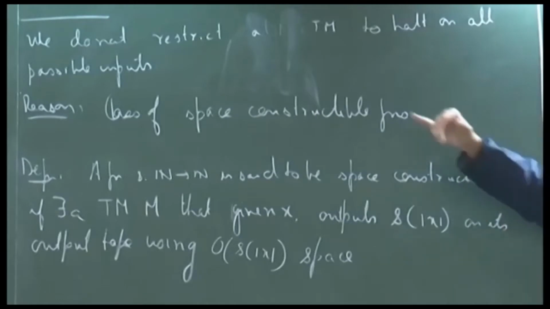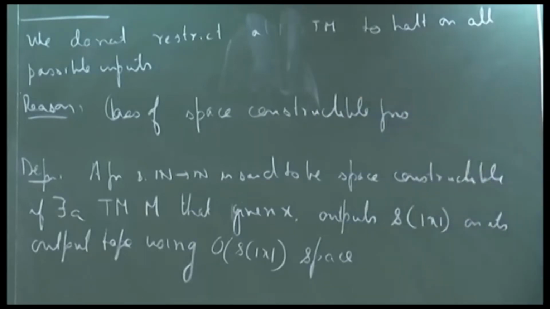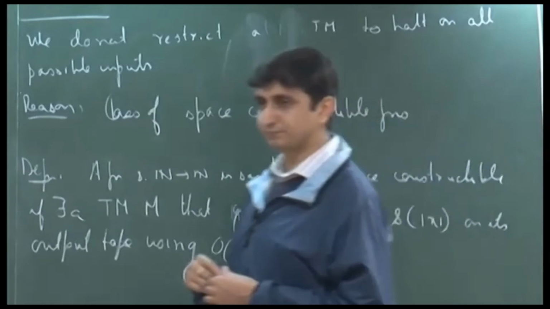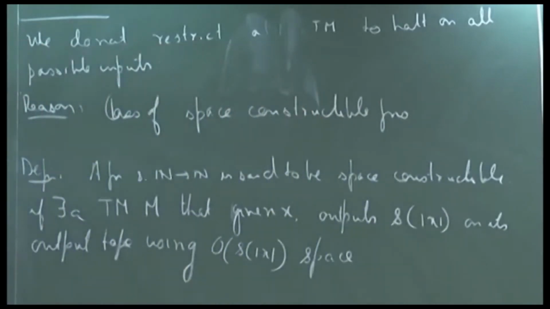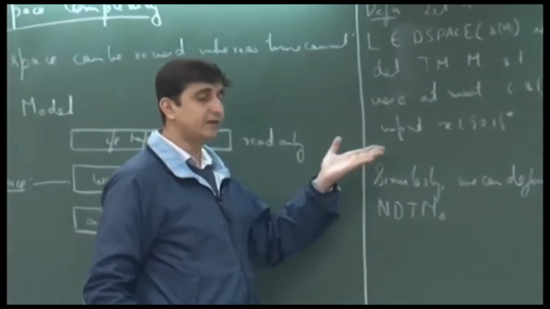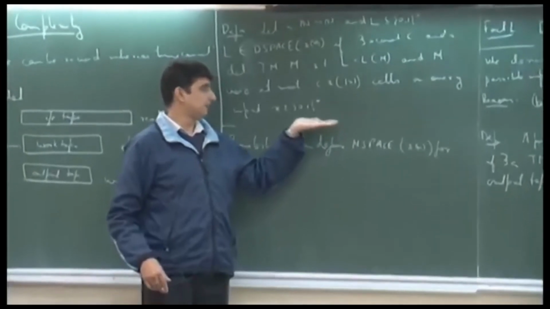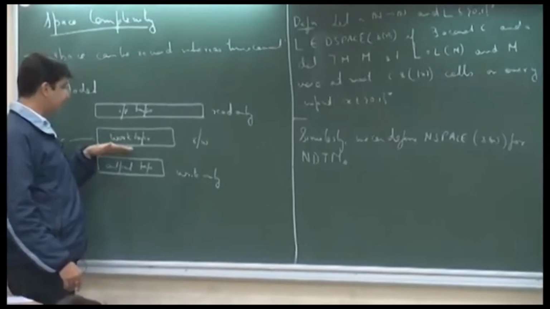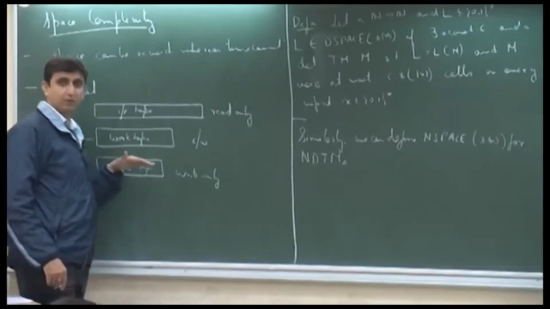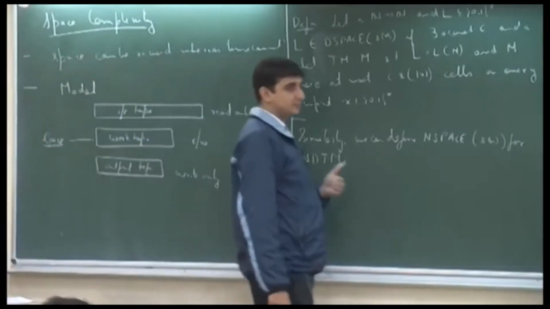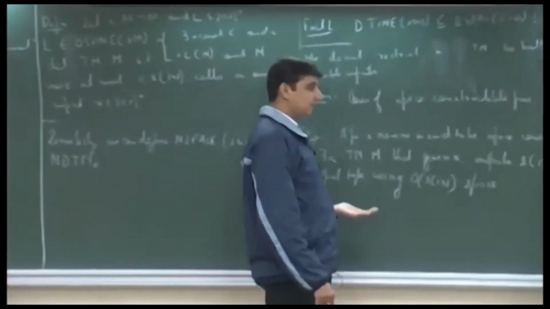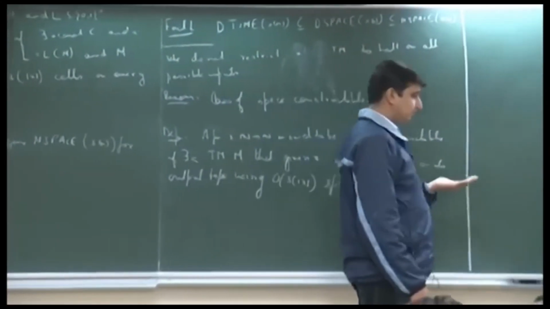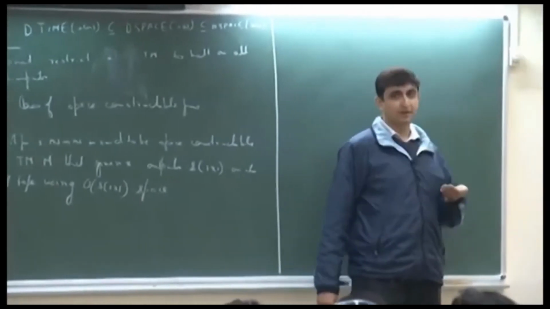I claim that it is not necessary to restrict a Turing machine to always halt. And the reason for that is, what we can do is just imagine a Turing machine which has a counter attached to it. The way to think of a counter is that just think of it as having two work tapes. In one work tape, it is just performing its usual computation, and in the other work tape, it is just keeping a counter.